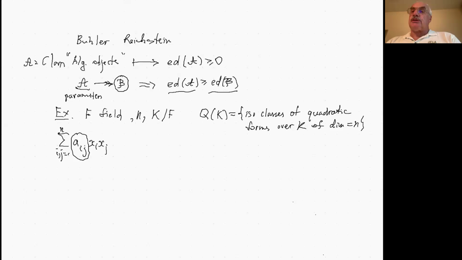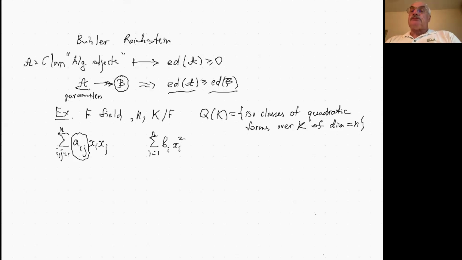But one can do even better. We know that every form, after some linear change of variables, can be written as a diagonal form, say the sum of b_i x_i squared, where we need only n parameters up to isomorphism.